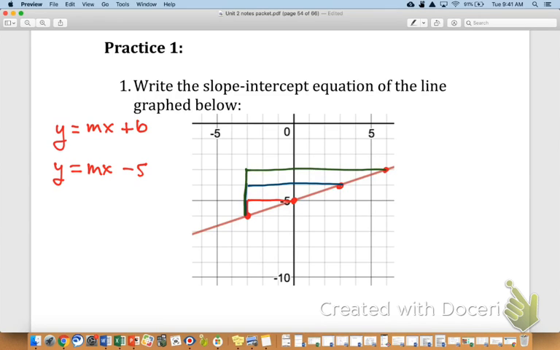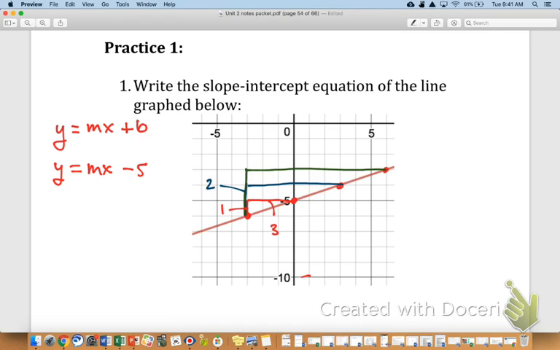What's the best way? I started at negative 5 and went up 1 and over 3. Okay. So if I did the red one, what's the rise? 1. And what's the run? 3. How about the blue one? What's the rise?